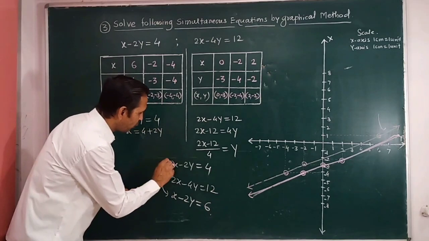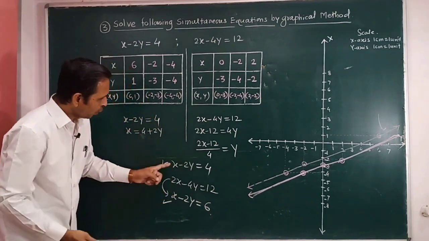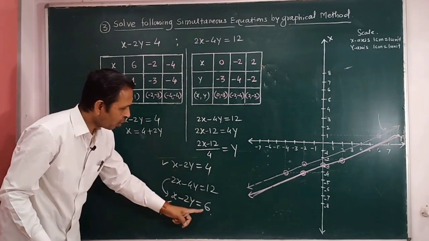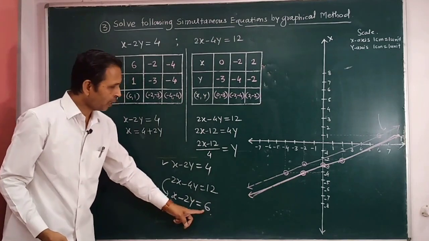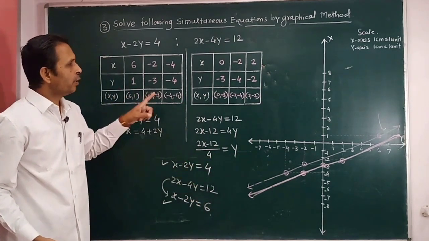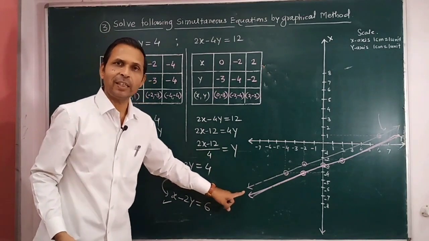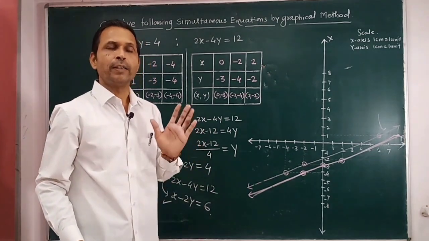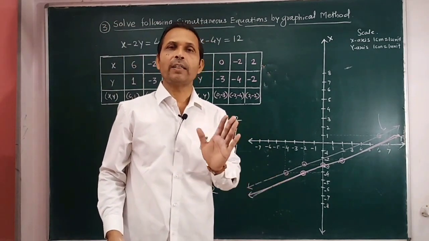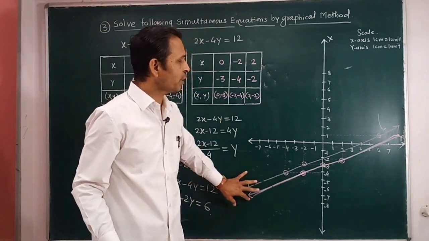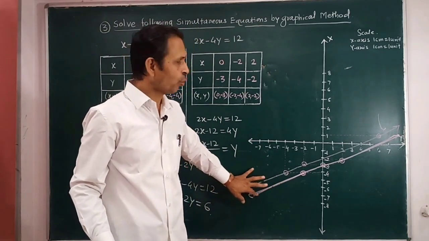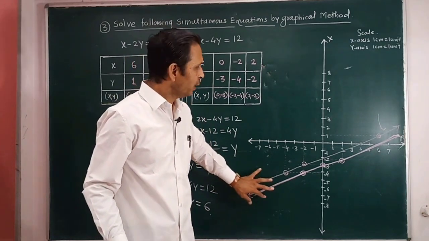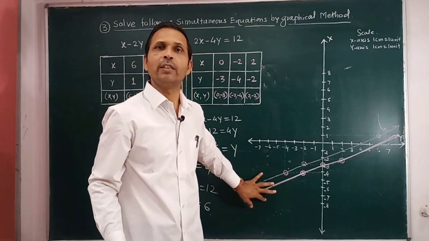Now if you compare the first and second equations, the coefficient of x is the same and the coefficient of y is the same, only the constant term is different. That's why the graphs of such simultaneous linear equations are parallel, and when the graphs are parallel the lines do not intersect, and that's why such equations have no solution.